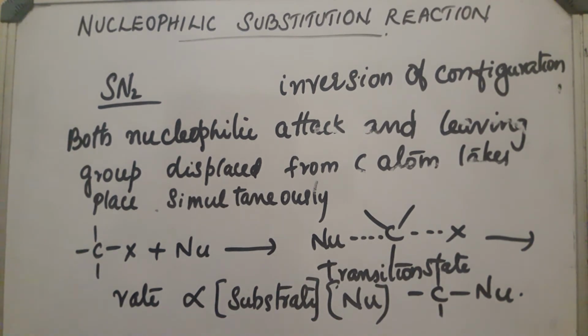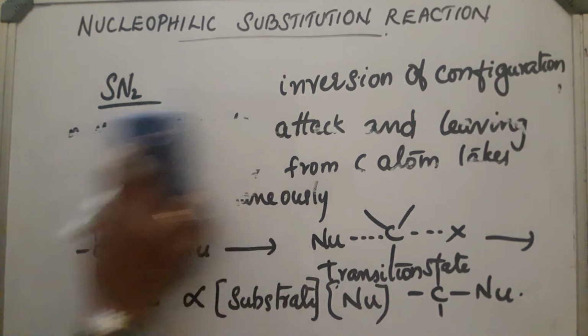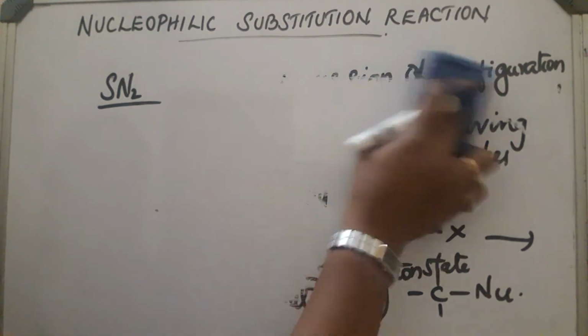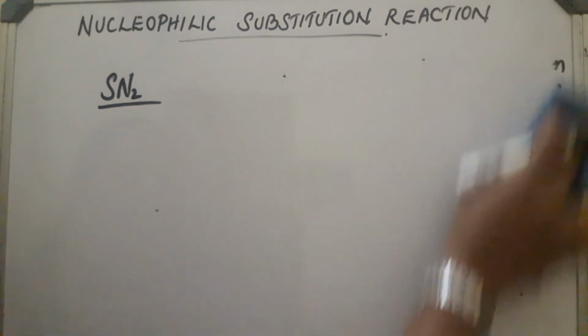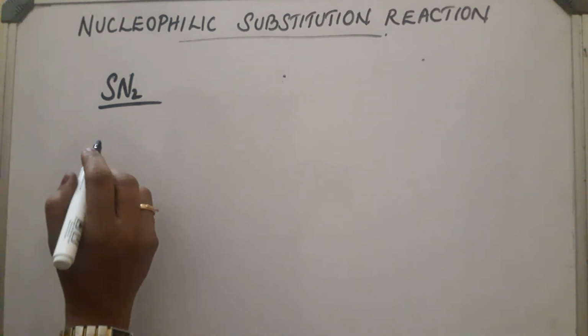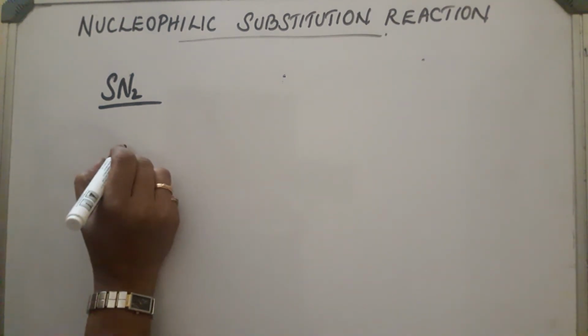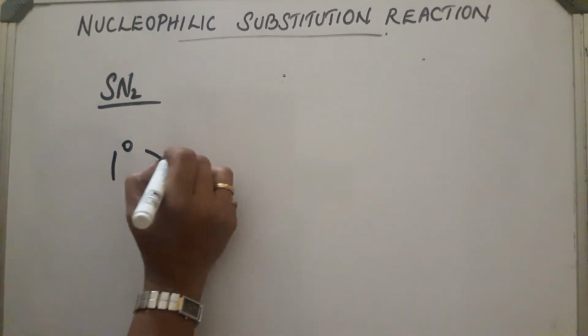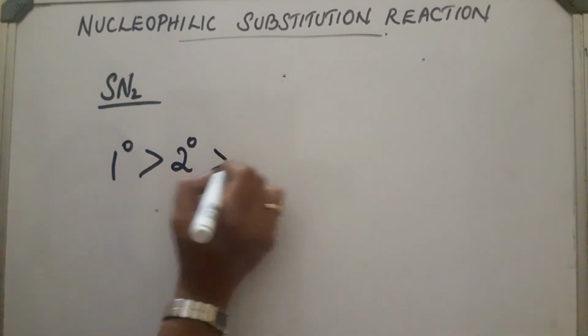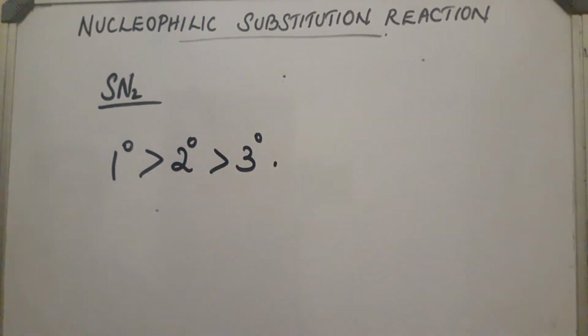SN1 will proceed in the case of tertiary, and in the case of SN2, primary compounds react more easily. So the SN2 reactivity order will be primary, then secondary, then tertiary.